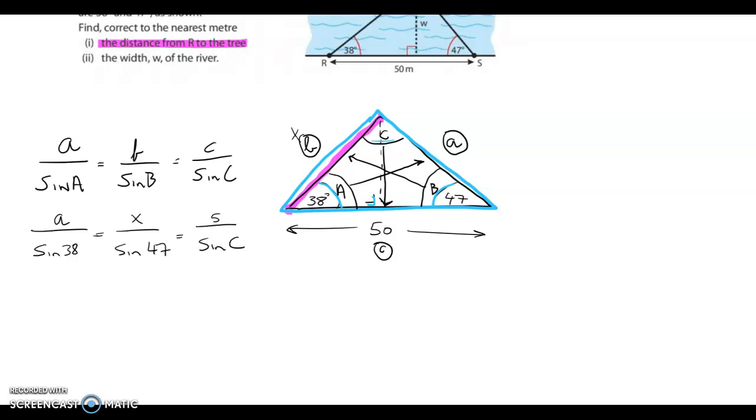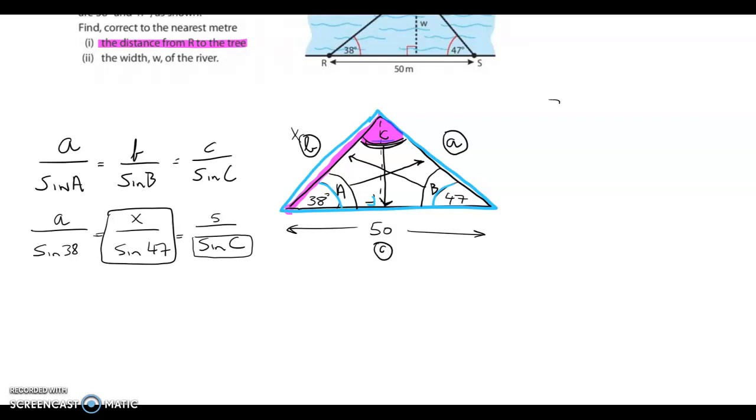Now pick which two to use. Well, I must pick this one. And if you look at the other two fractions, there's a bit missing from each one. But remember, I can actually find this angle up here quite easily, and I'm going to do it now. I was hoping I wouldn't need to, but it's the third angle in a triangle.